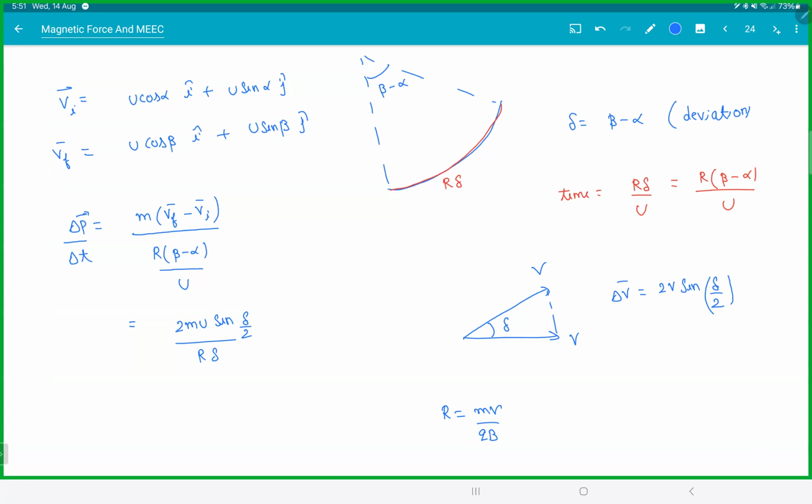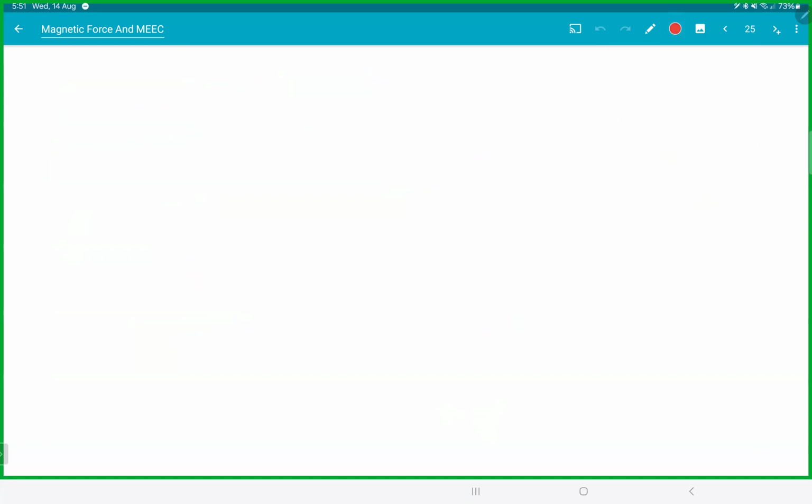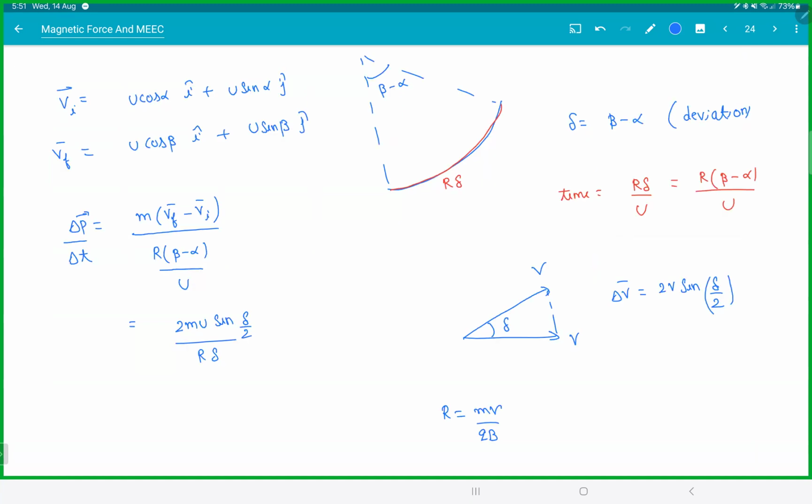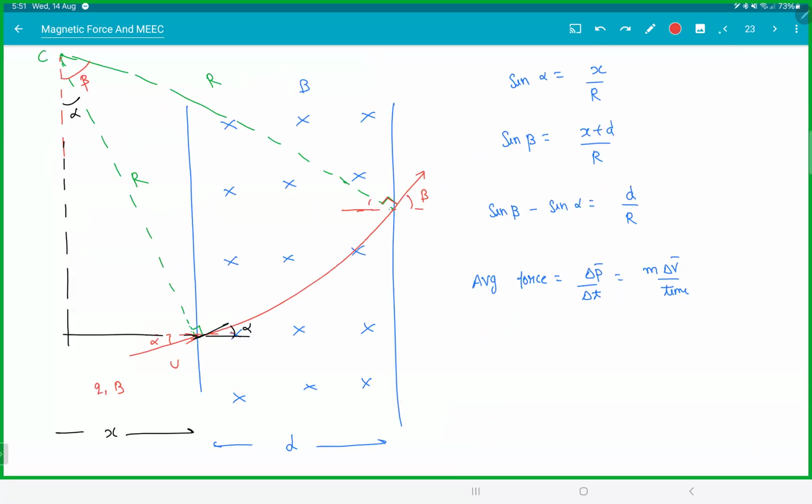Is this clear, everyone? Now, using this, we can do even something better. This would be a better result. What if you have multiple sections like this? All this is valid under the assumption that beta should not become greater than 90 degrees.